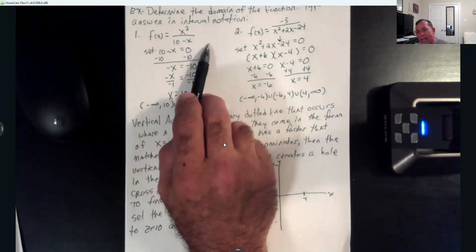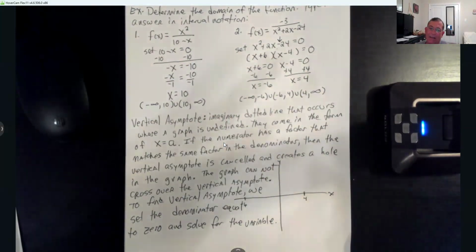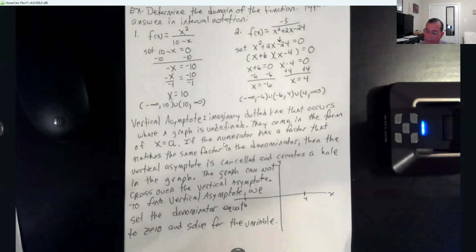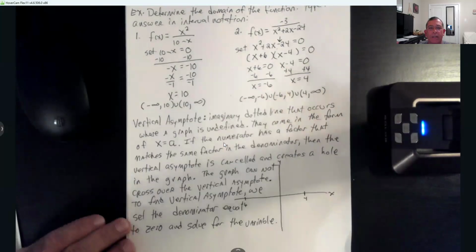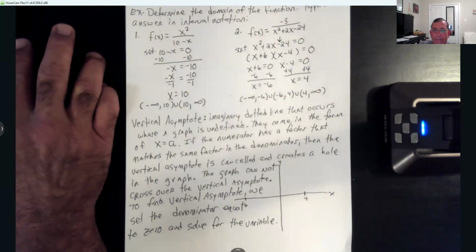So if you can find the domain, you can find a vertical asymptote, okay? Because remember, these are the spots where the function was undefined, okay?